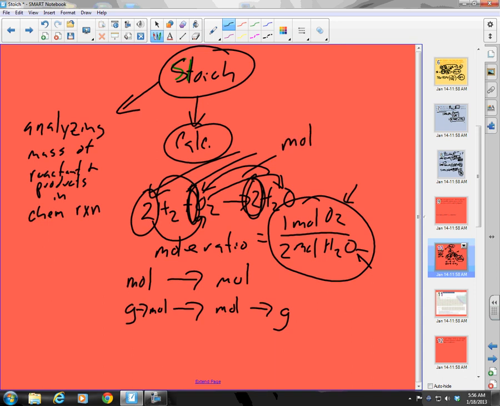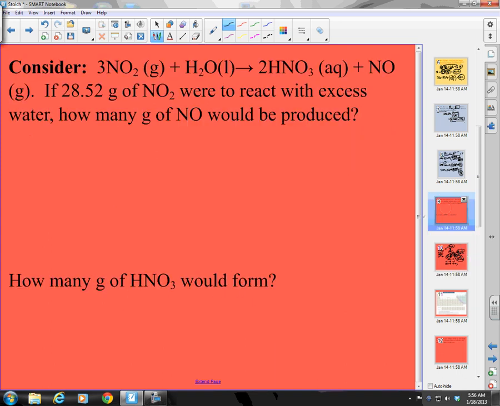These guys only represent mole ratios or molecule ratios. Although we rarely use molecule ratios, we're almost always using mole ratios, right? So that's our overview, you might say, of stoichiometry.